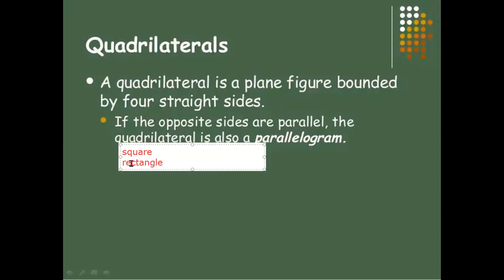Okay, everybody, you can unmute and say. Squares, rectangles. What else? Similar with a square, but two sides are tilted. What do you call that one?